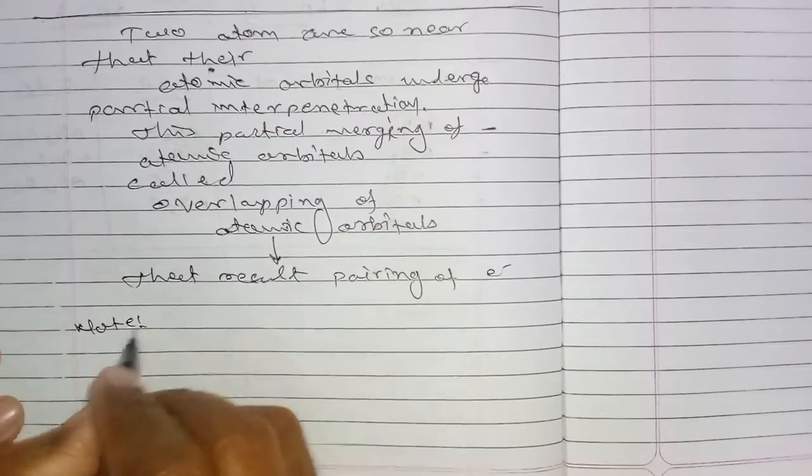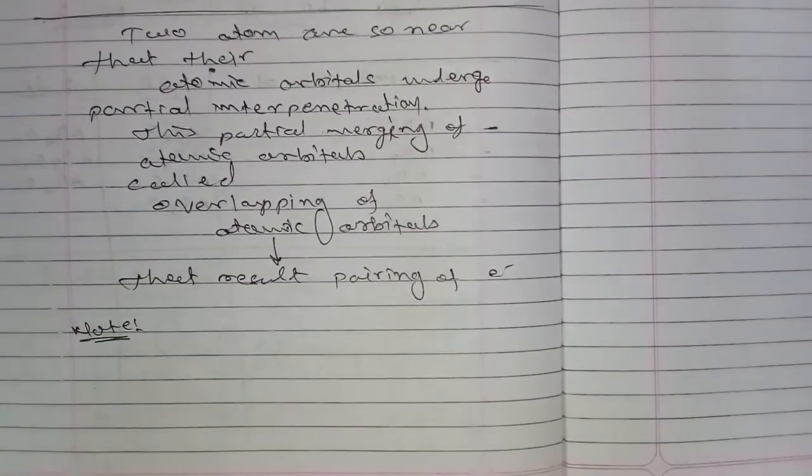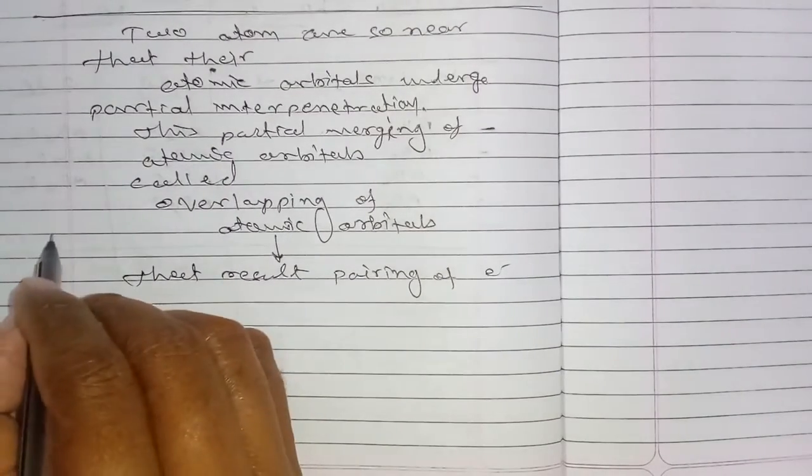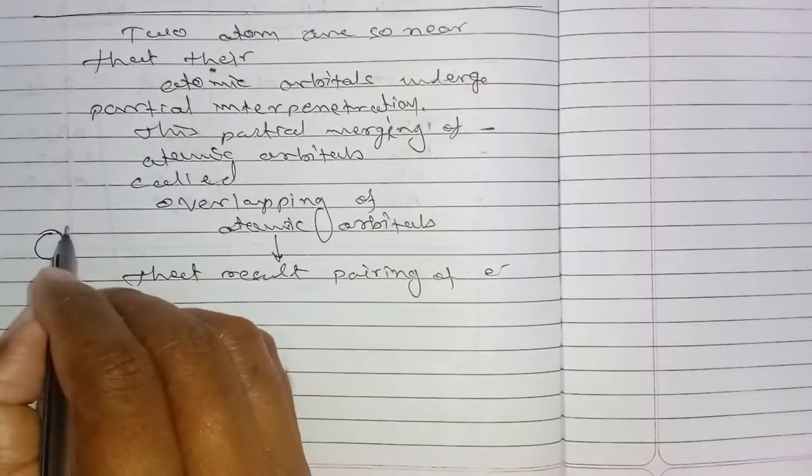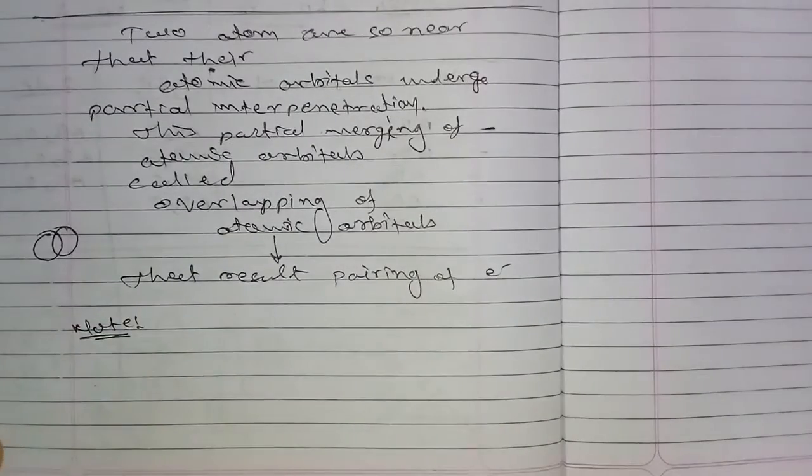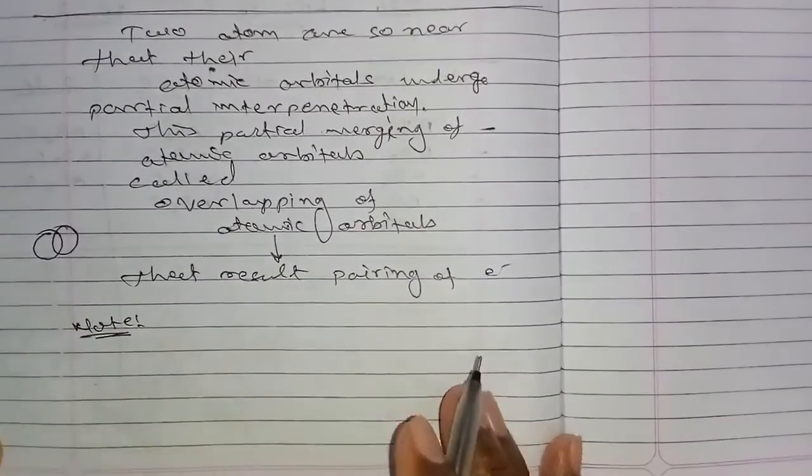Greater the overlapping of orbitals, stronger the bond formed.